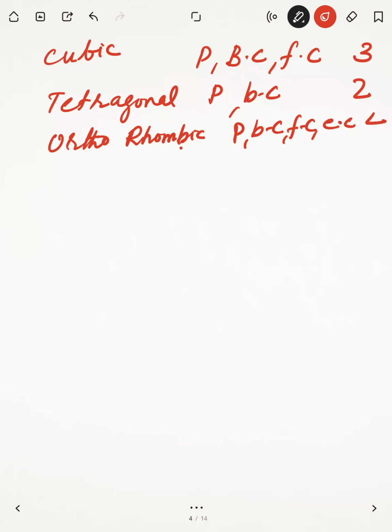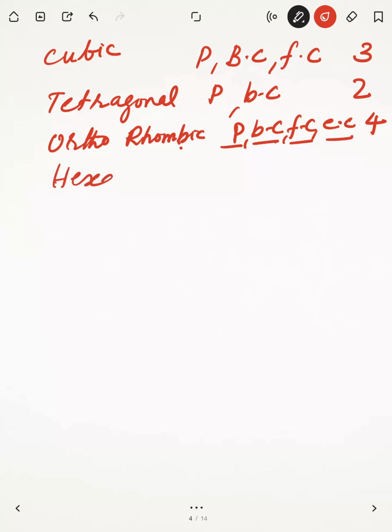That means 2 variations are there. In orthorhombic, primitive, body centered, face centered and end centered. That means 4 variations are there.